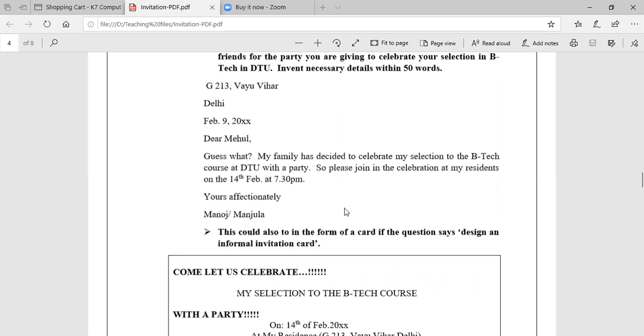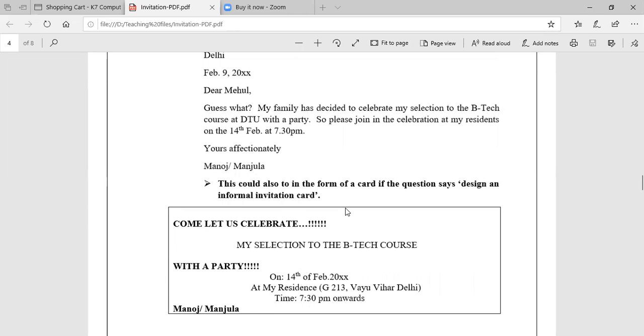So for informal invitations, we don't have a printed card format. But if they are asking, in the sense, we can also manage the situation. This could also be done in the form of a card. If the question says design an informal invitation card, you have to underline the words informal invitation.